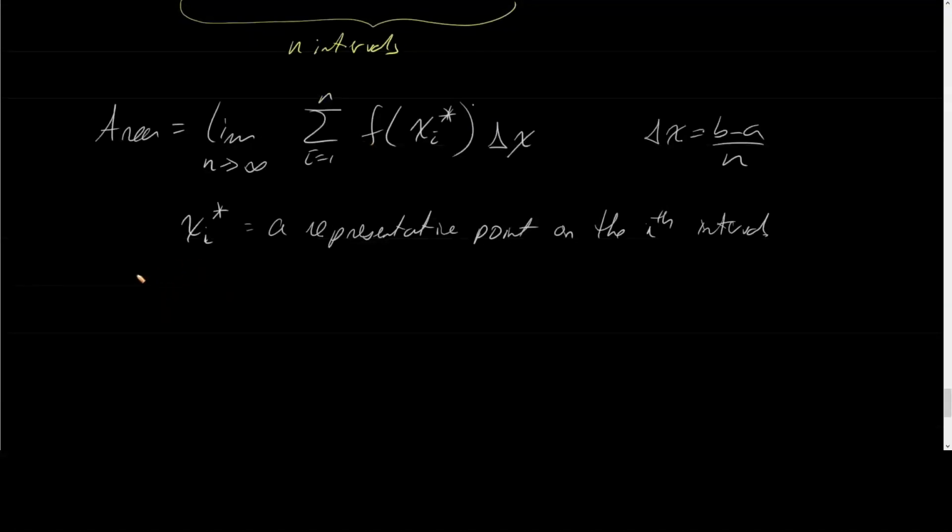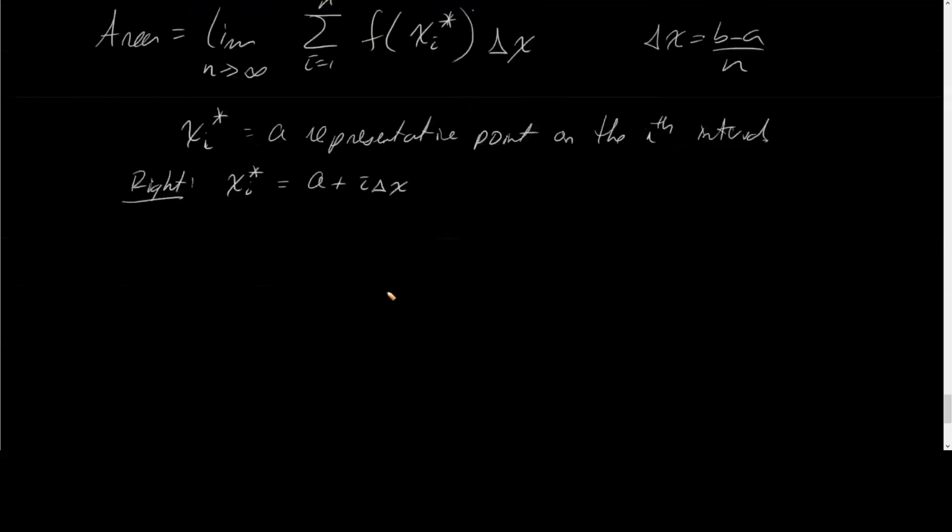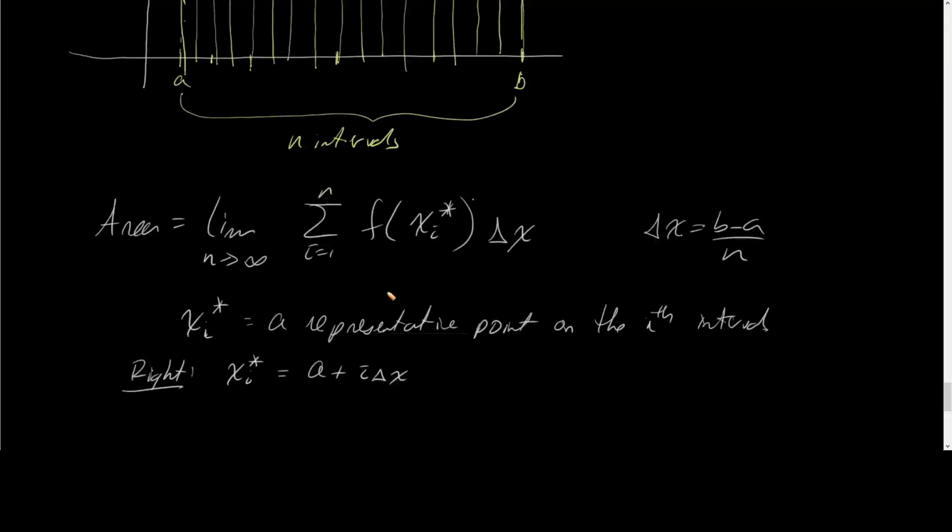And if we were doing the right endpoint, x sub i star can be written as a plus i delta x. What is that saying? Well, let's see. This point right here, if I'm starting here, this is in my first interval, right? The right endpoint, actually, so I colored the wrong one.